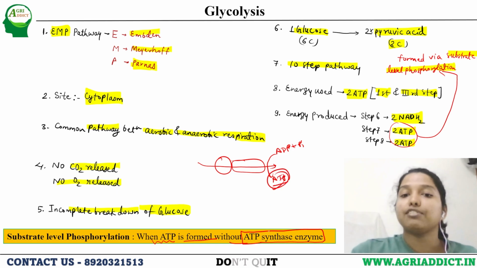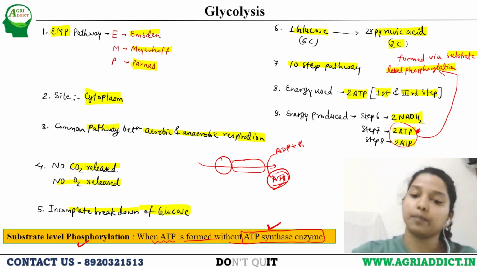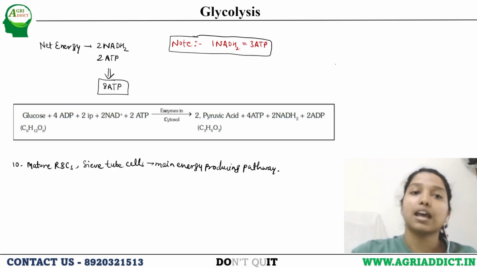So if the ATP is not formed using this ATP synthase, then that kind of phosphorylation is known as substrate level phosphorylation. So the 4 ATP which we are getting here in glycolysis is by substrate level phosphorylation, because here the ATP synthase enzyme is not being used. Okay. So let's move to the next slide.